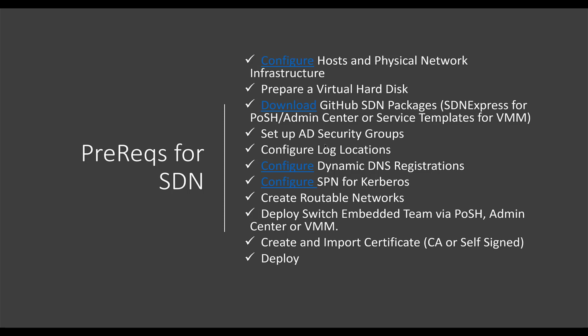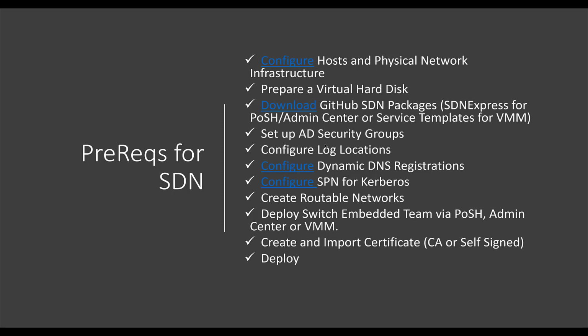Because we're using VMM, we're using Kerberos authentication, so we have to make some service provider name changes in Active Directory. We'll need 4 routable networks from our network engineers. And once we are ready to go, we'll have a switch embedded team that's deployed via any number of ways: PowerShell, Admin Center, or in our case, with logical networks in VMM.